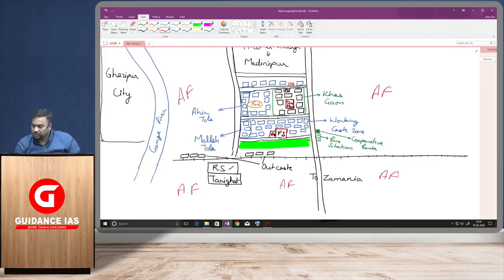Now what has happened? Here, because of the land reforms, there was a distribution of surplus land to a number of landless laborers who were there in the village.